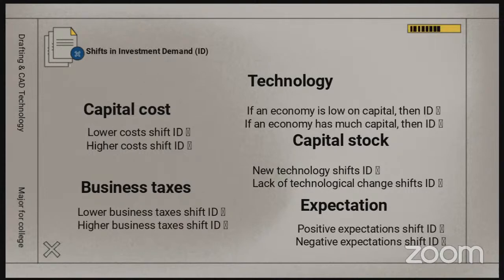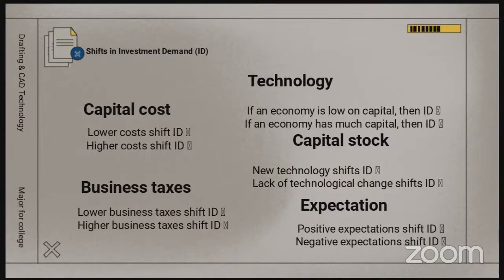Then the last one, probably the most powerful one, is expectations. So again, this is expectations of future profits. Basically, if we believe business is going to pick up, so there is going to be a good future, then odds are that will cause us to increase our gross investment, or increase the investment demand curve for an economy.